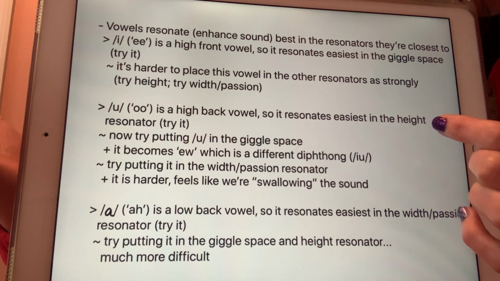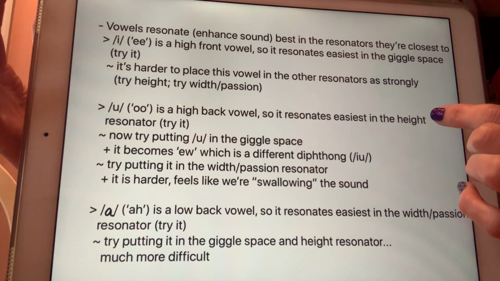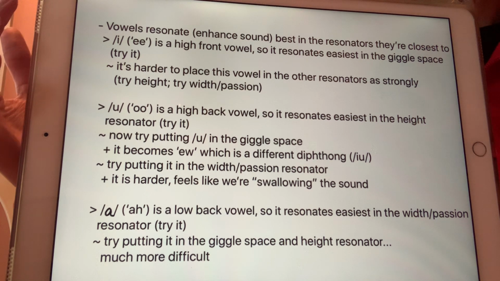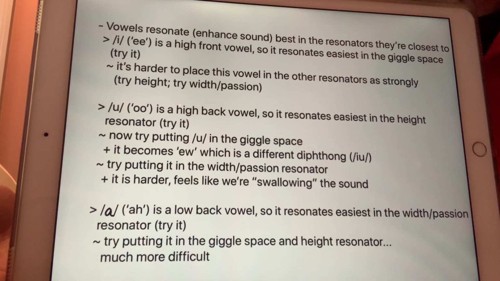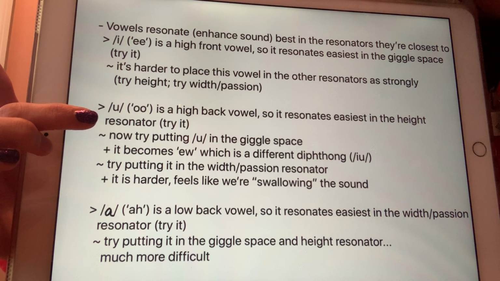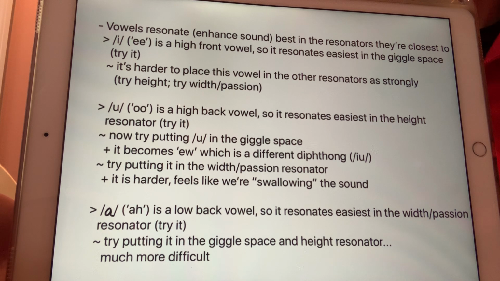And so it most easily resonates in that space, right? Oo, oo, oo. It is easiest to sing in that space. Now, if we try to put oo in the giggle space, we can do it, but it sounds terrible. And it's also distorted in the production of it.